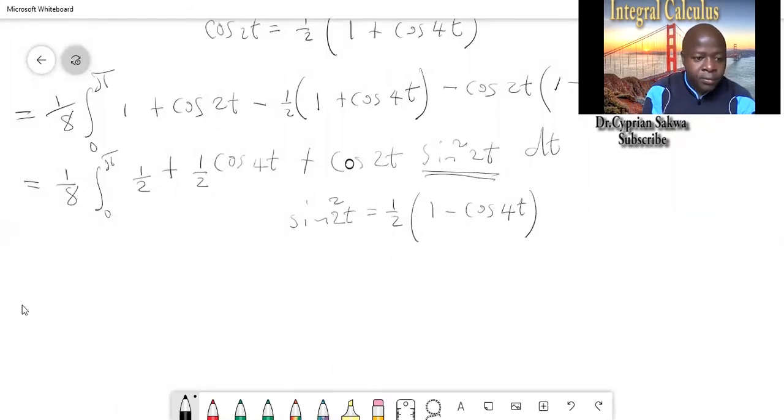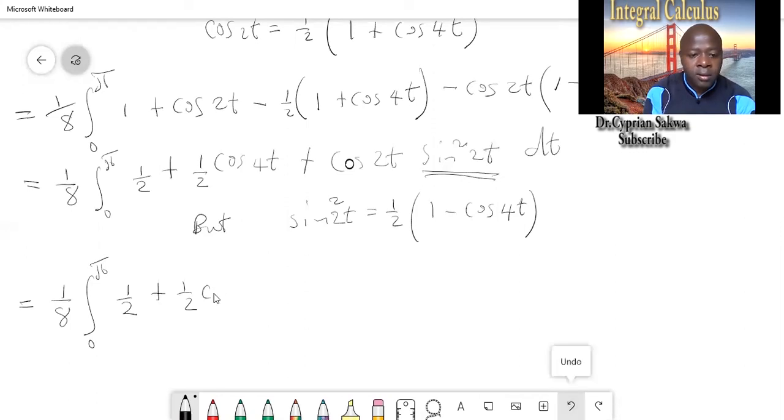What we then have will be 1 over 8 into the integral from 0 to pi of a half plus a half cos 4t. Then this one is cos 2t into 1 minus cos.